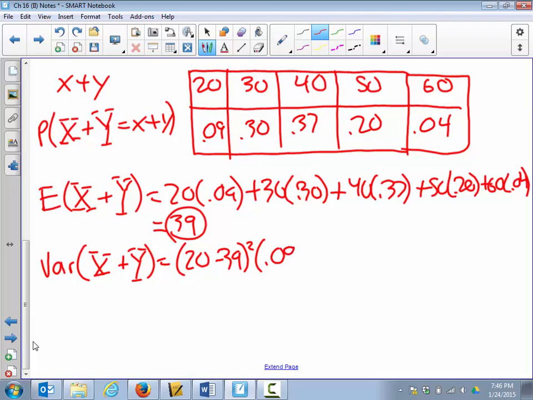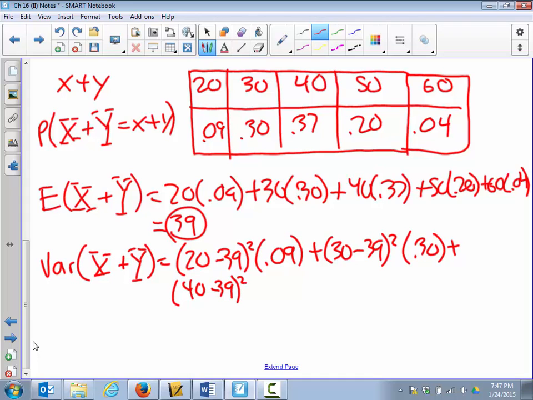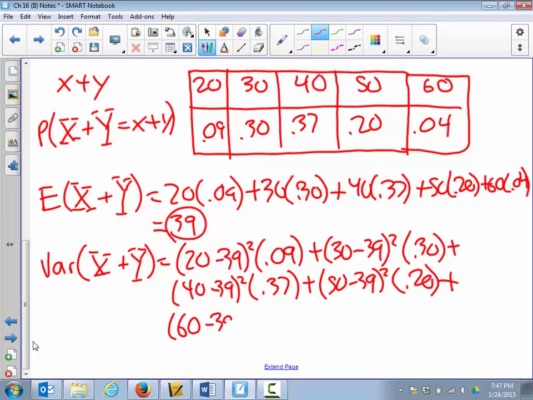Well, that's, for each of these values, 20 minus the mean we just found, 39, squared, times 0.09, plus 30 minus 39 squared, times 0.30, plus 40 minus 39 squared, times 0.37, plus 50 minus 39 squared, times 0.20, plus, finally, 60 minus 39 squared, times 0.04.